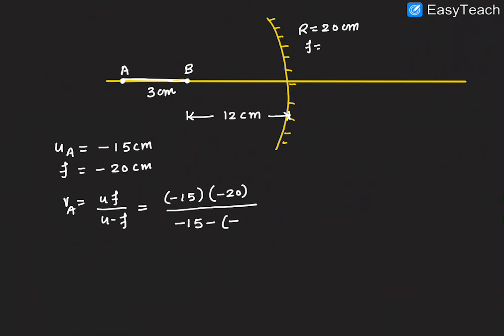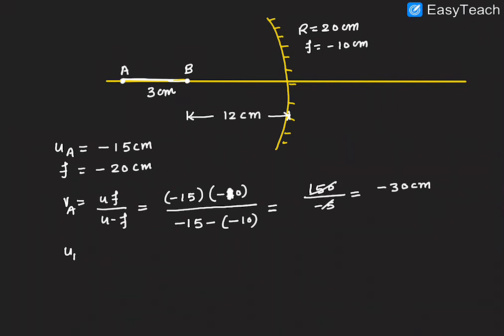This is your 150 divided by minus 15 plus 10, minus 5. So from here we have minus 30 centimeter.